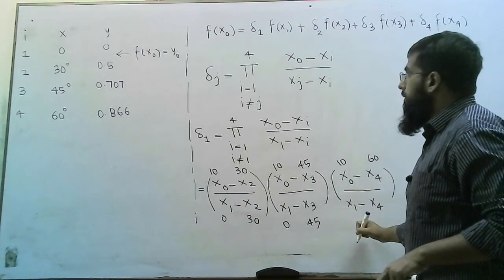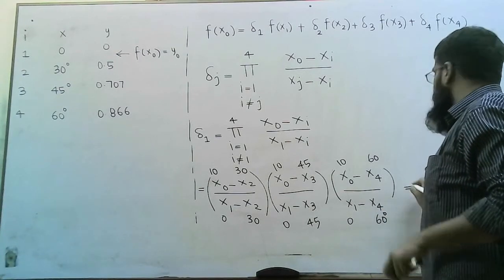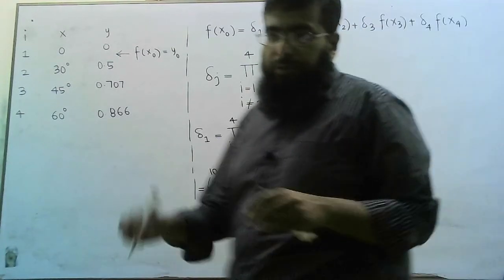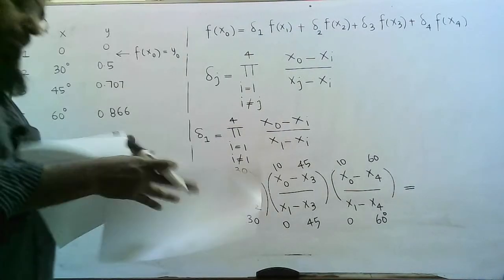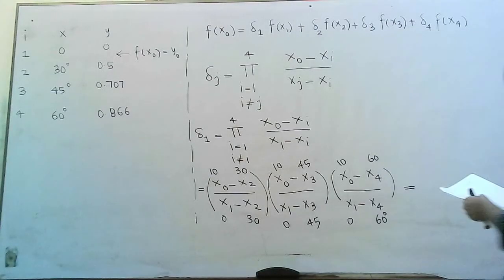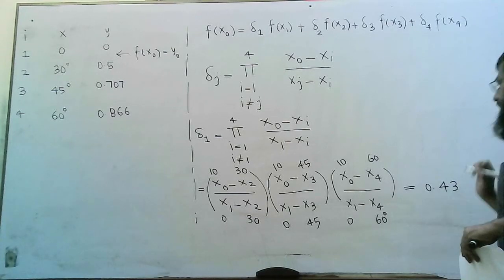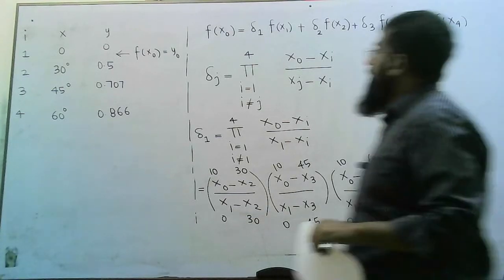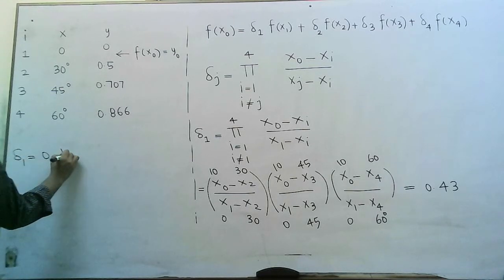If you plug all these values in here, we compute del 1 to be equal to 0.43. So del 1 is, let's write it here, 0.43.